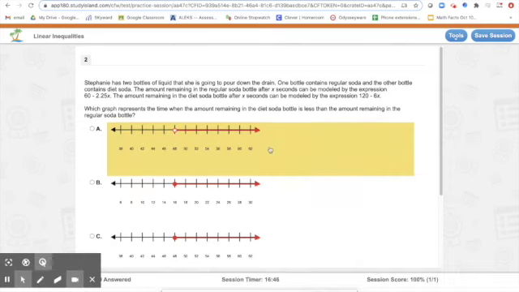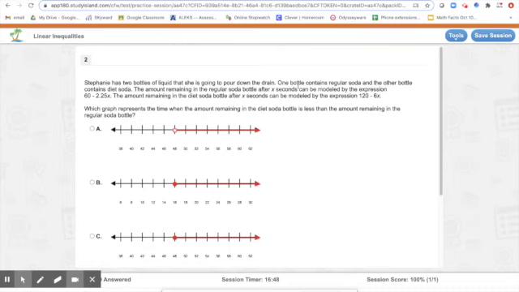So reading through this question, I realized that I lied when I said that we're going to give equations and systems a break, because we have to look at a system of equations here. Stephanie has 2 bottles of liquid, regular soda and diet soda, and the amount in the regular soda bottle after x seconds of pouring it out is 60 minus 2.25x.